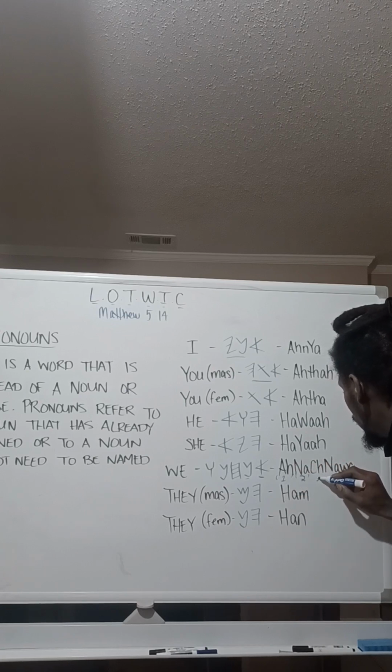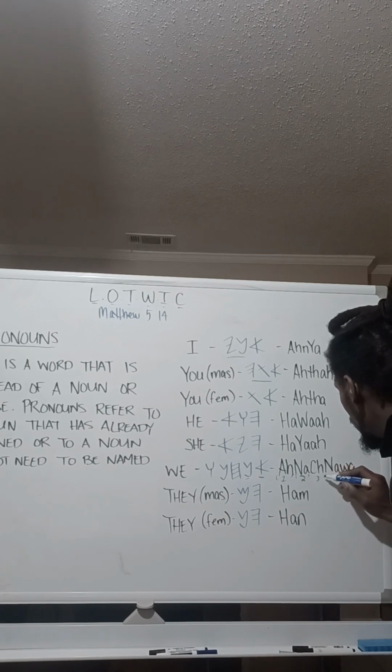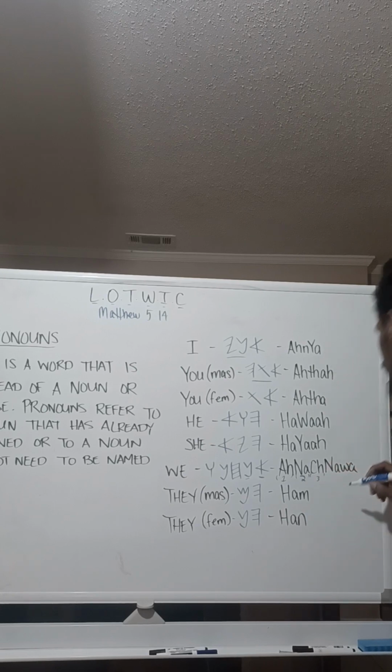This is three for the ka. And na is four. And the wa is the fifth character.